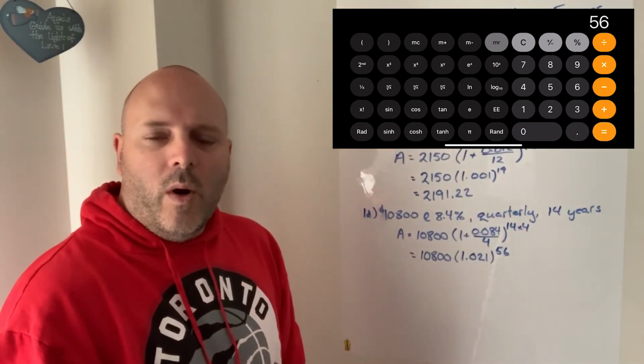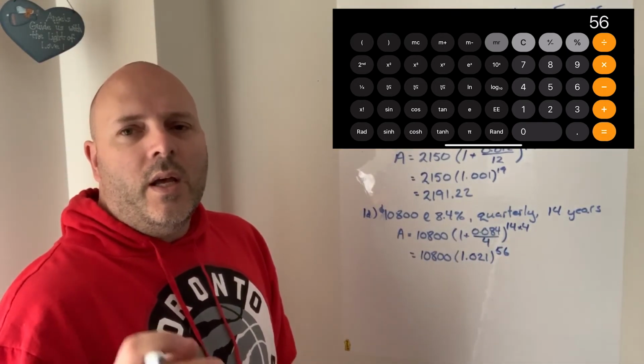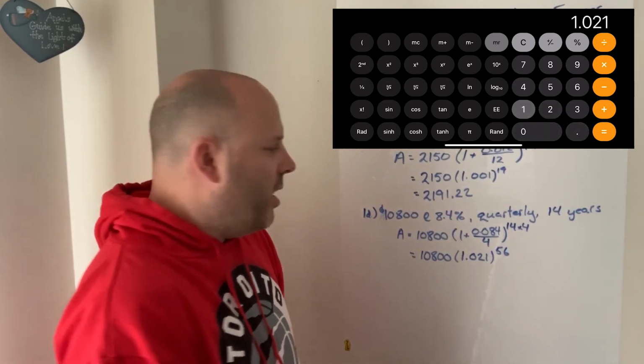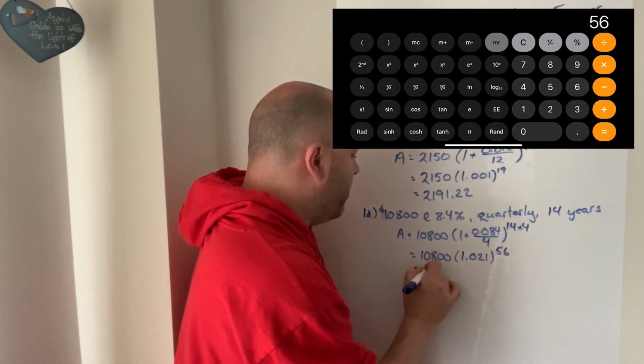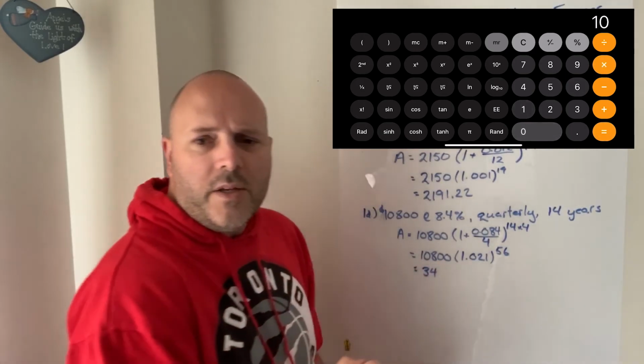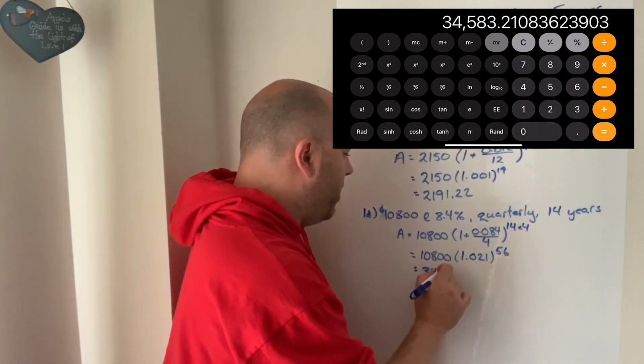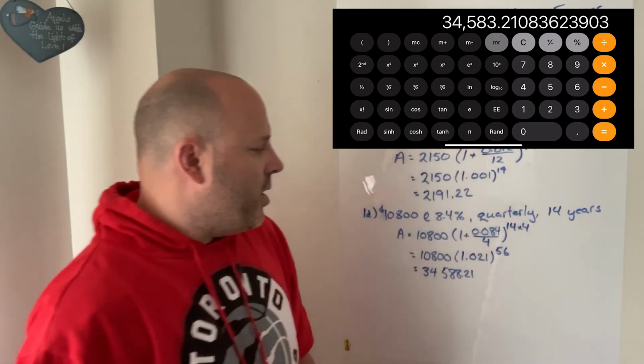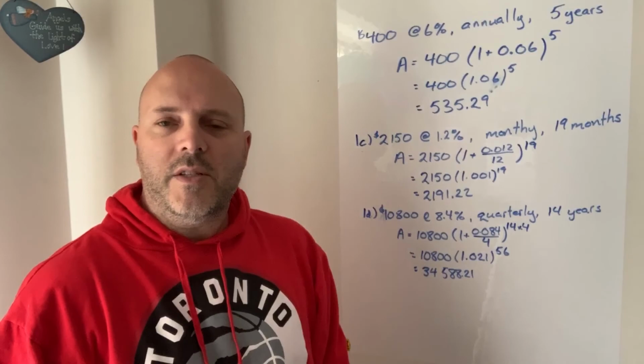Okay, now I go back, 1.021 to the power 56 times 10,800 gives us $34,588.21 at the end of that investment.